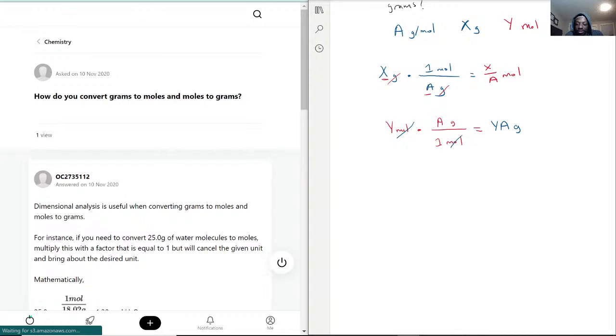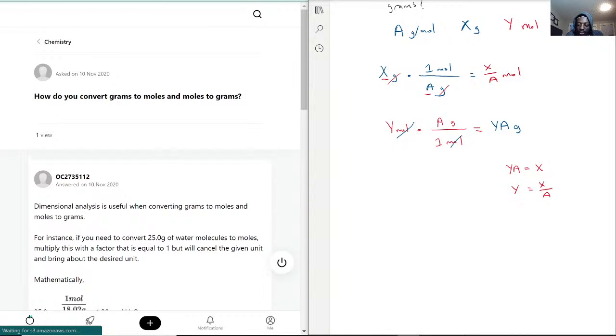That is how these convert, and it's pretty cool because if you put it all together and made them equal each other, you would notice that y times a is equal to x, and y is equal to x over a. See how they relate?